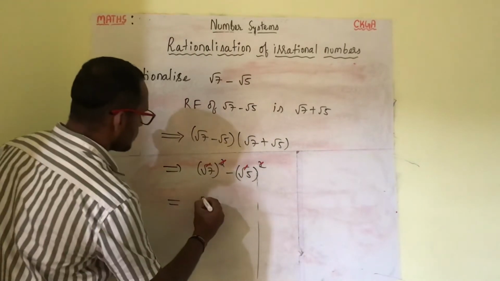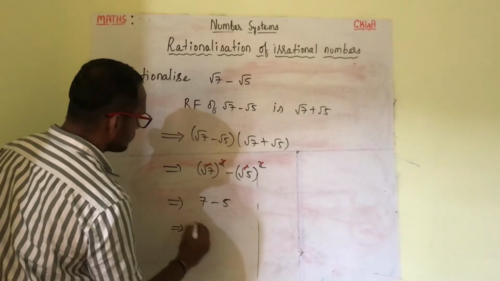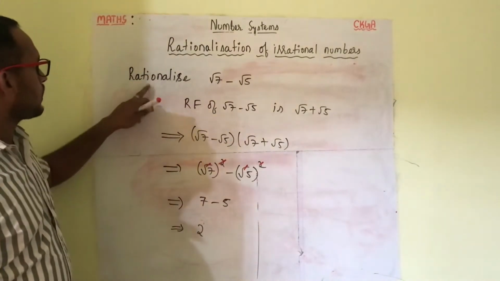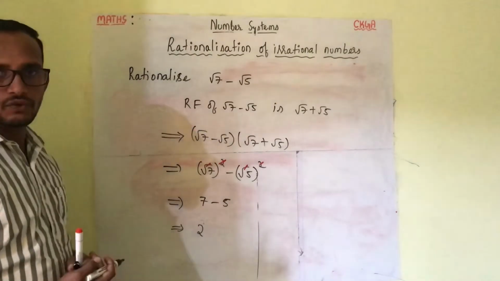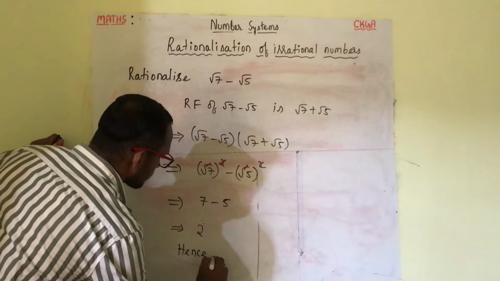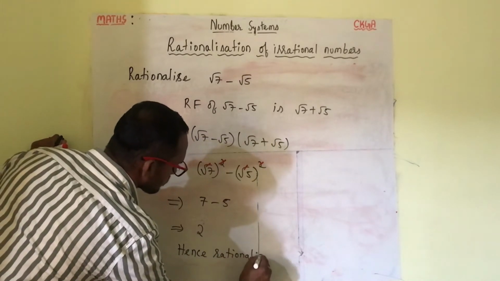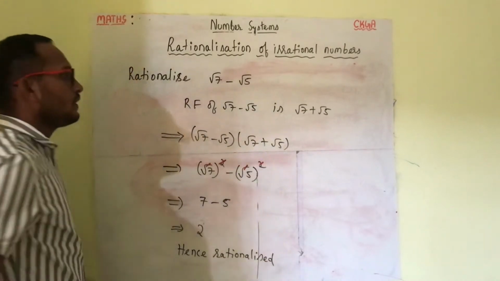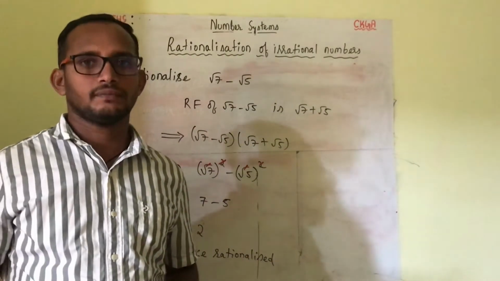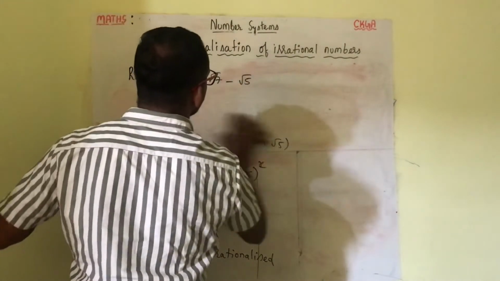You could write it as 7 minus 5, and the final answer will be 2. So now it's rationalized. You were asked to rationalize root 7 minus root 5, hence rationalized. This is the rationalization of a binomial irrational number. I'll take one more example.